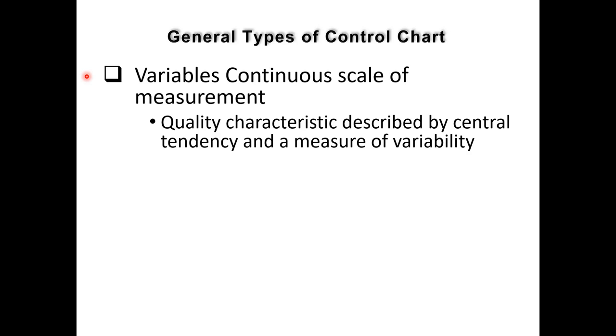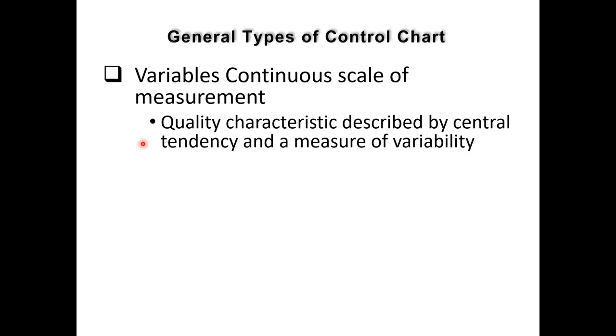So obviously, if your data come from the continuous type of data, then you come up with a variable control chart. So this is a variable, continuous scale of measurement. In this case, quality characteristic can be described by central tendency and measure of variability.